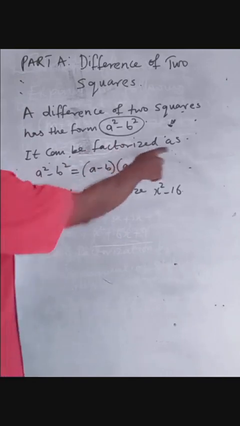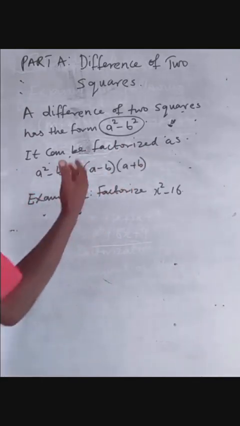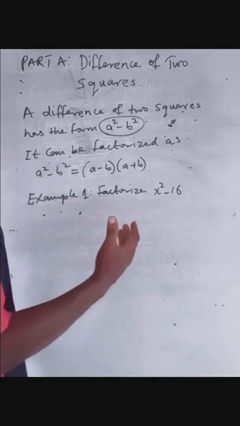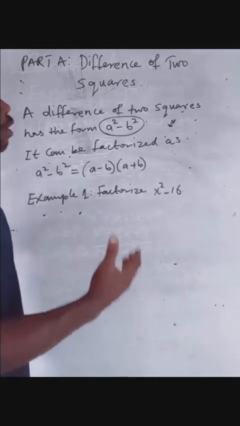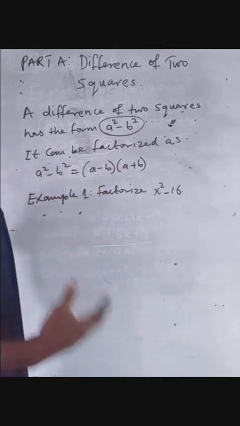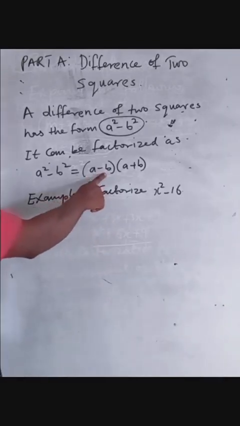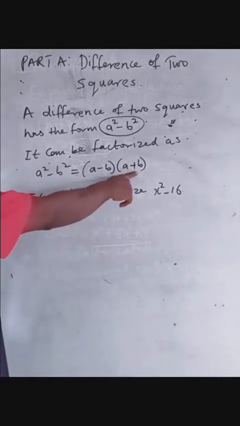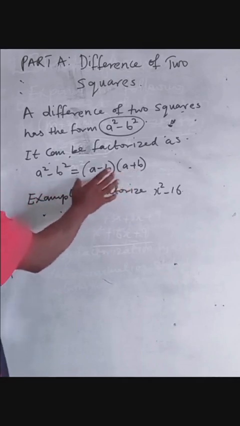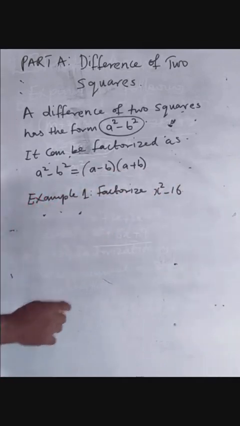It can be factorized as a minus b multiplied by a plus b. So this is how you factorize the difference of two squares.